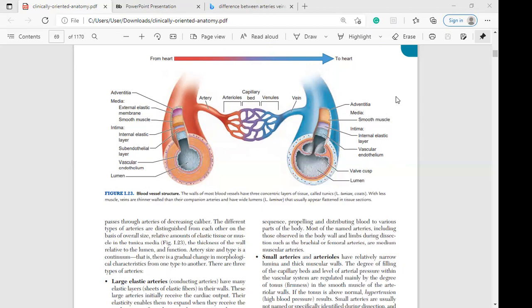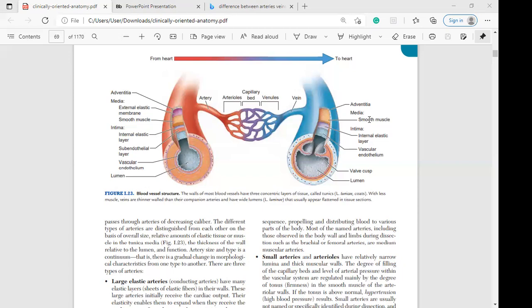Only 4. So the subendothelial layer is missing from the intima, and the external elastic membrane is missing from the media. That is why the arteries are thicker than the veins. And we said the reason is the pressure of the blood: arteries carry blood at a higher pressure than the veins.